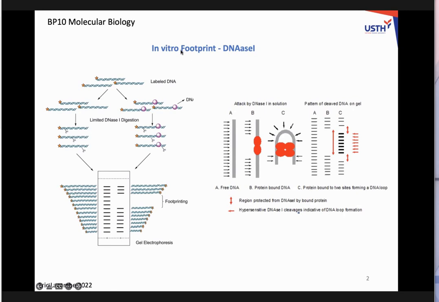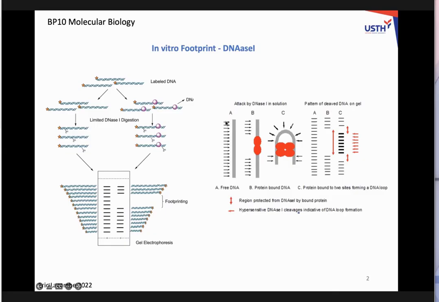And it's called in vitro footprint because we are going to use the capacity of DNase to randomly cut the DNA, but the DNase can cut the DNA only in place of DNA where it's not protected by the protein that is in interaction with the DNA. So imagine that all the little arrows correspond to a cut site by DNase.